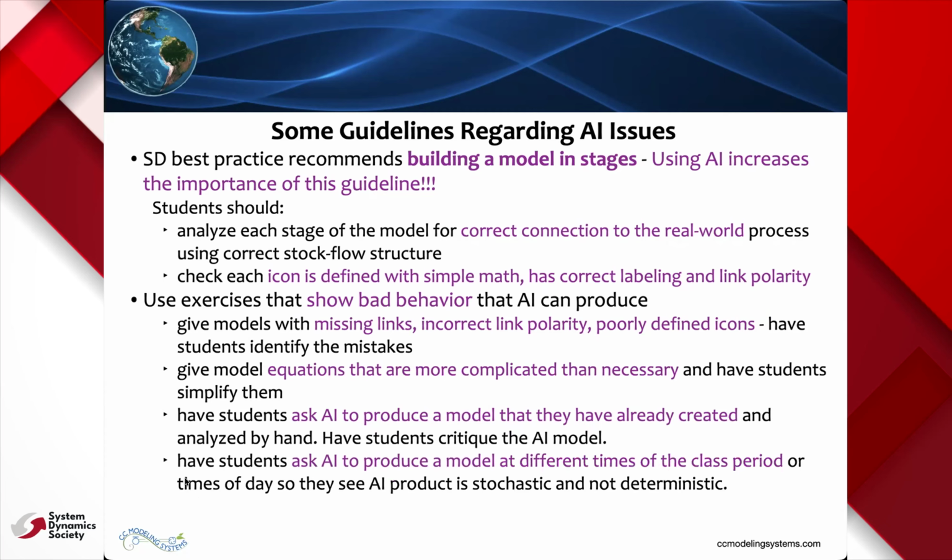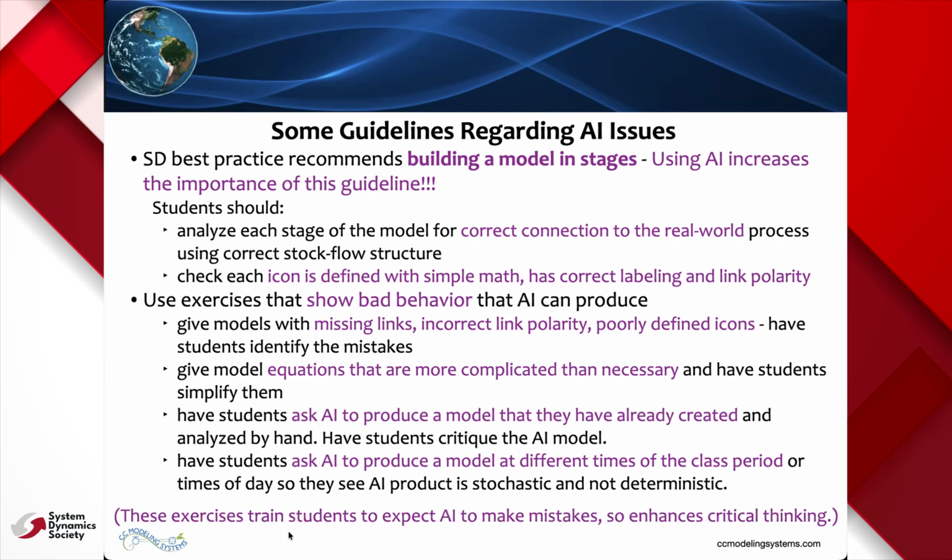Another exercise could be to ask students to produce a model at different times of the class period or at different times of day to realize that what AI gives them is probabilistic and not deterministic. In other words, AI could give them a different model structure in the morning than it gives them in the afternoon. They have to understand that.